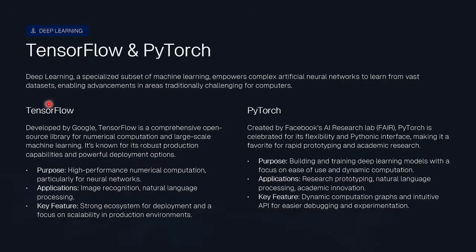Both are deep learning libraries, but if we have to build something that is scalable and for production, then we'll use TensorFlow, and if we are doing some research or experimentation, then we use PyTorch. Okay, I hope this is clear.